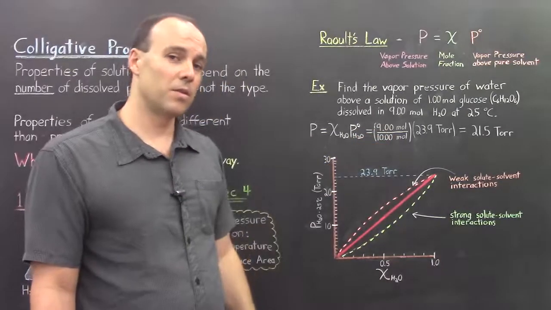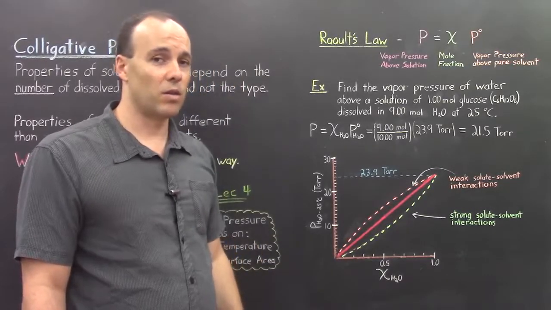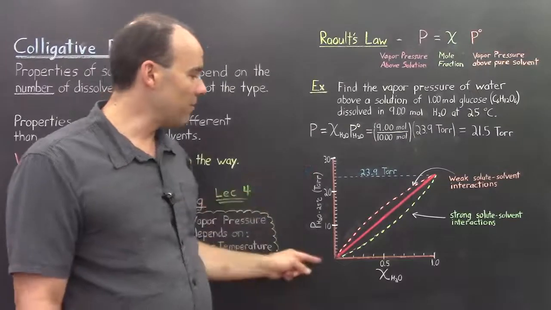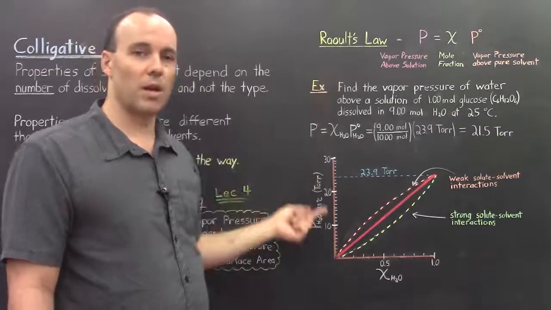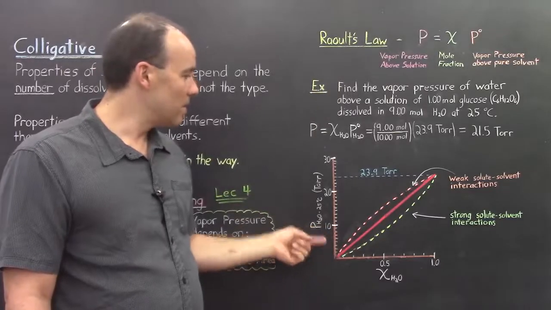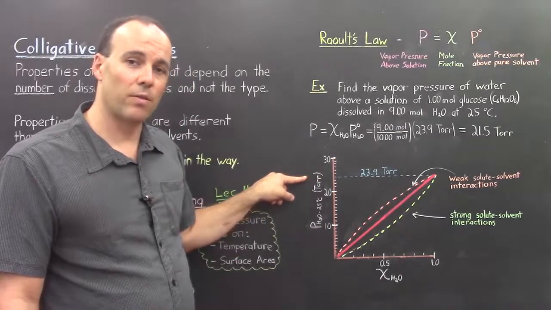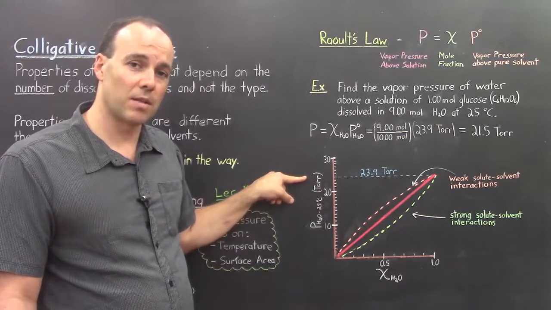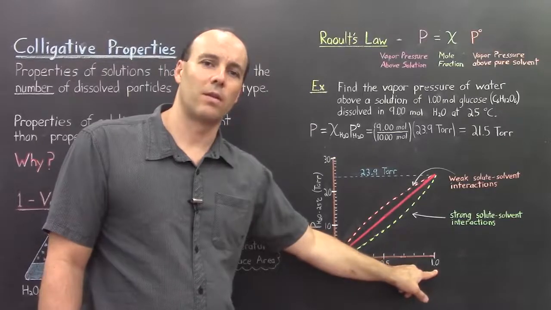You still have most of the vapor pressure because most of the particles are water. Now, we can also describe the vapor pressure depending on the concentration by this graph right here. This is a graphical representation of Raoult's law. On the y-axis is plotted the vapor pressure of water at 25 degrees Celsius, and the x-axis is the mole fraction of water.